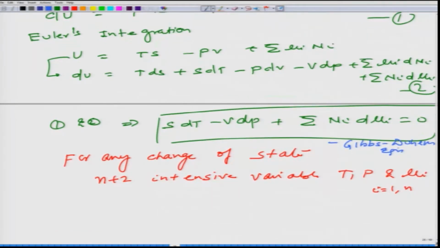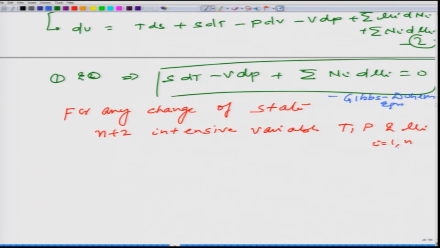So, it tells you that n plus 2 intensive variables cannot be independent.